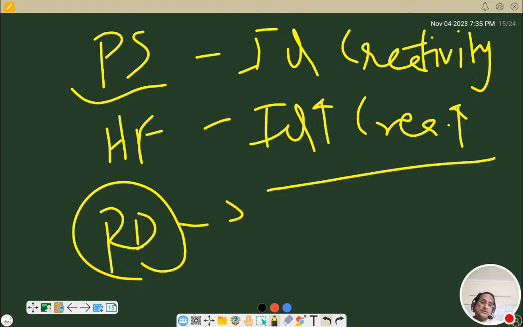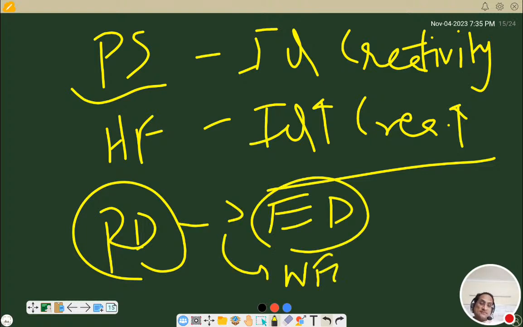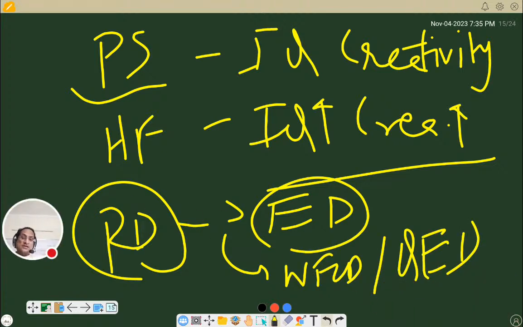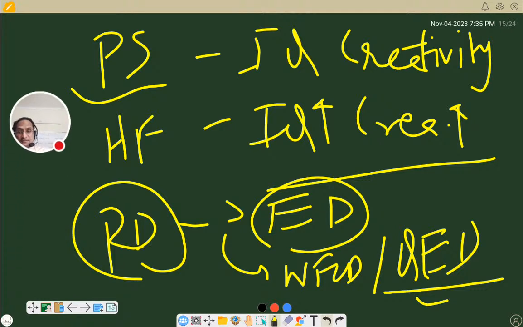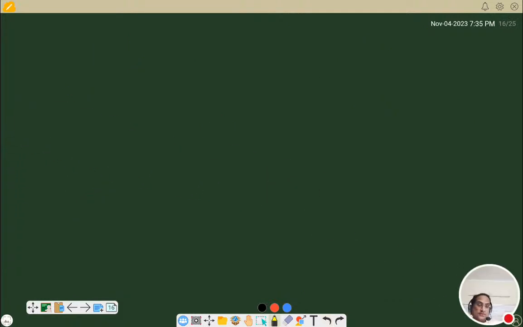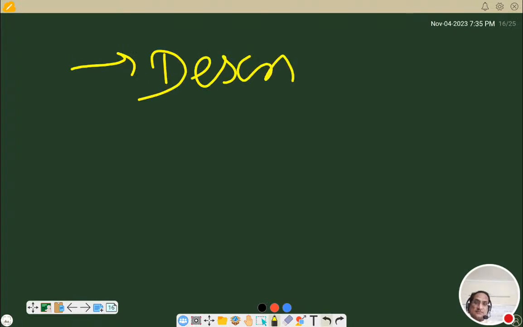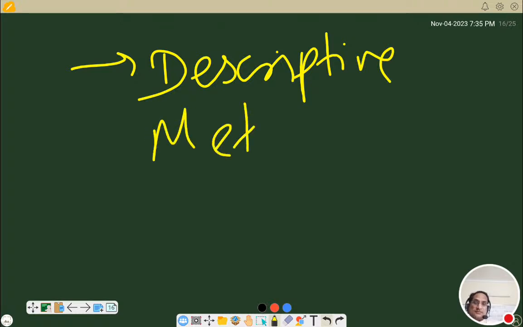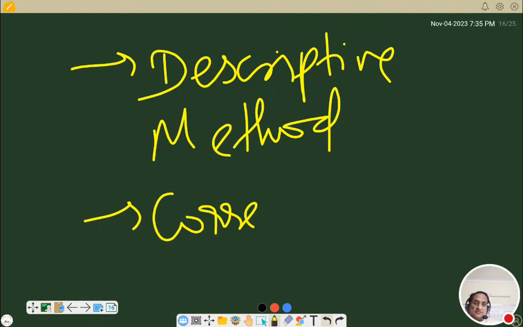After that, the research design is formulated, and we get to know how the data will be collected, whether it will be through experimental design, non-experimental design, quasi-experimental design, or through descriptive research method, or it will be a correlational method.